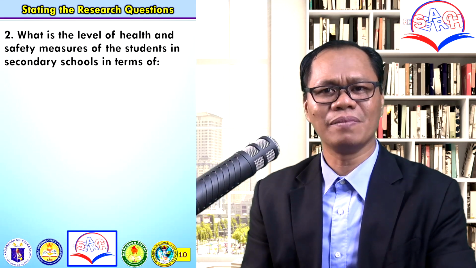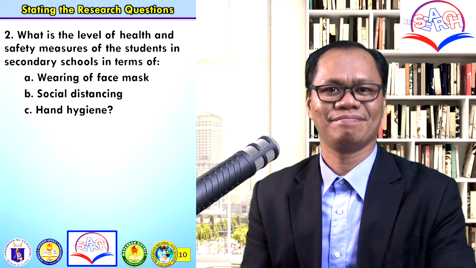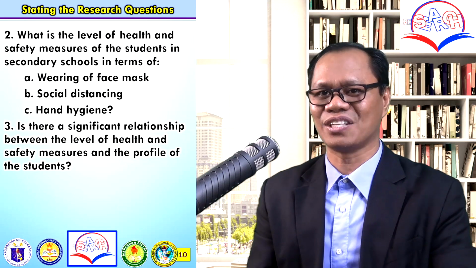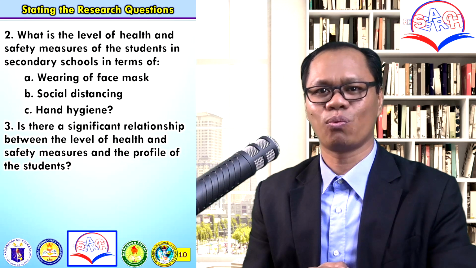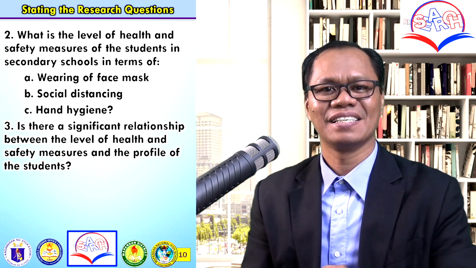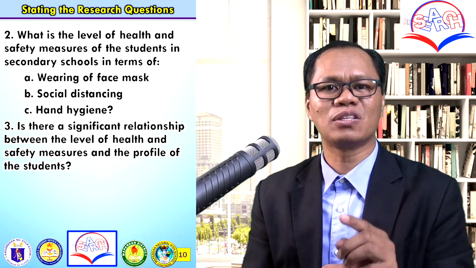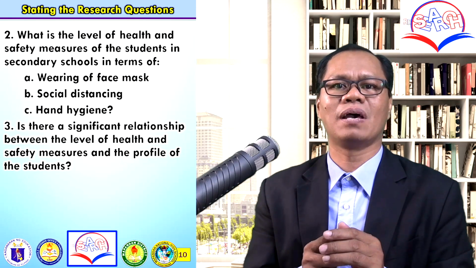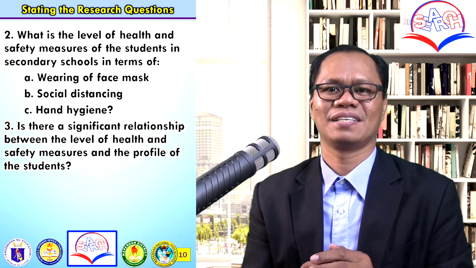Number 3 sub-problem is unique as compared to the rest of the sub-problems. This sub-problem suggests that your research is quantitative research, meaning we cannot use this question in qualitative research. This question shows a comparison between or among variables, and we will use this sub-problem when we discuss the research hypothesis.